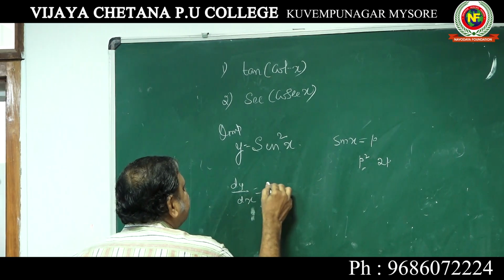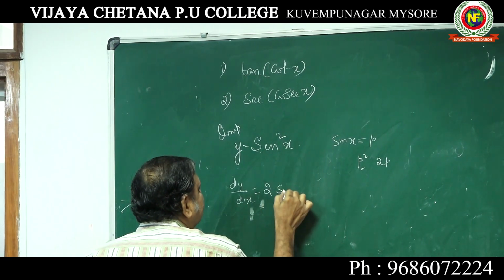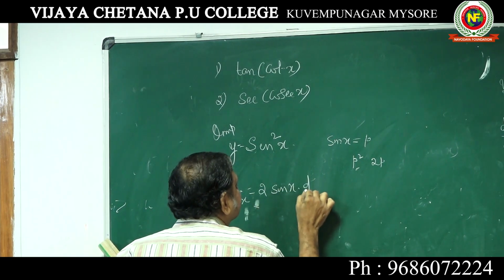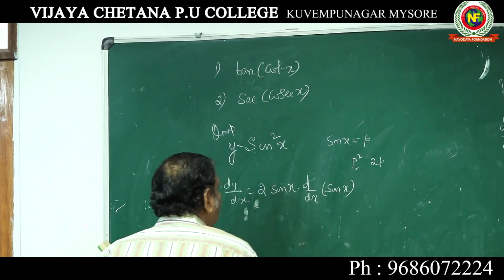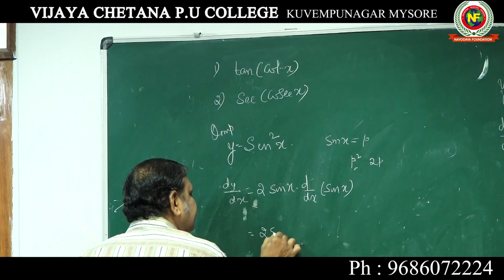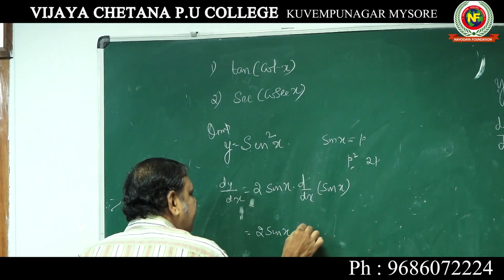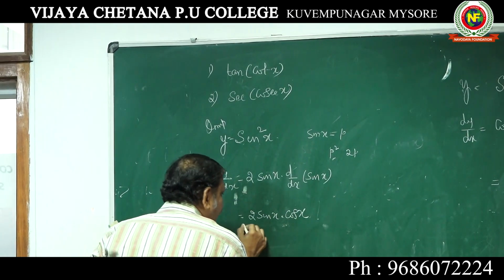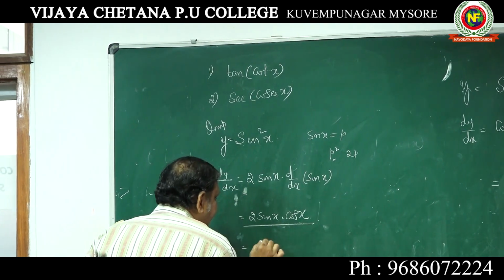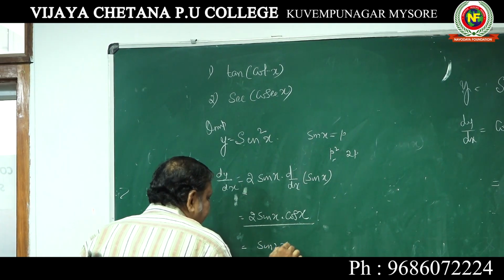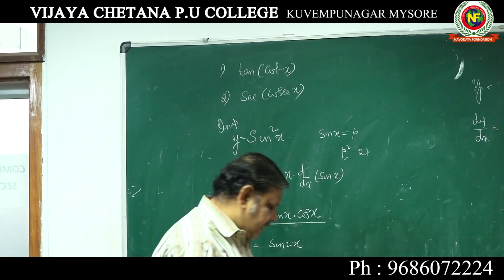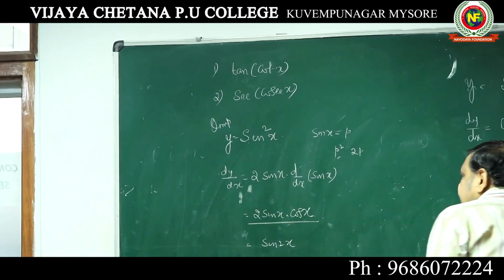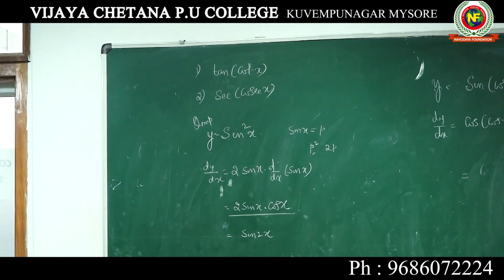So it is 2 sin x into d by dx of sin x, which is cos x, that's all. If you want to be more specific, you can write sin 2x, since sin 2x is 2 sin x cos x, or leave the answer at 2 sin x cos x.